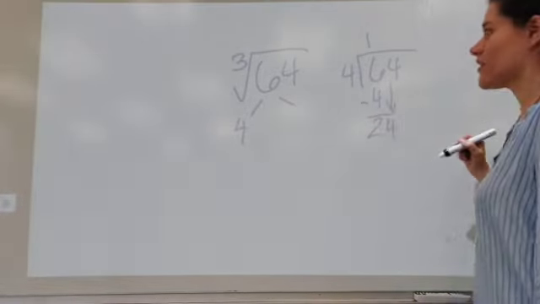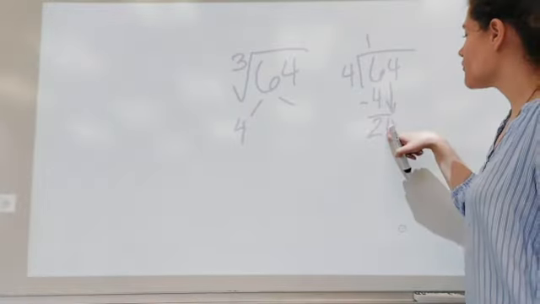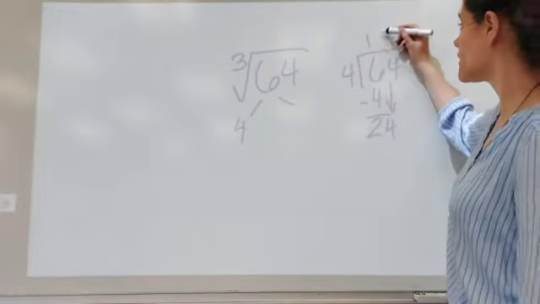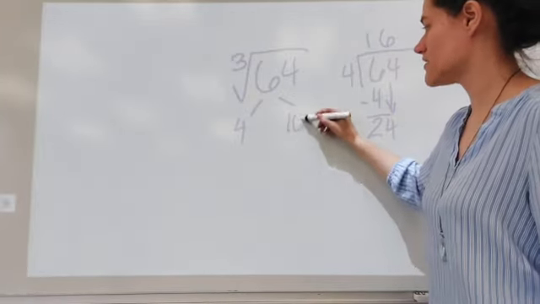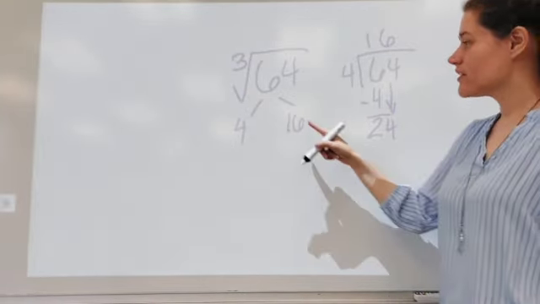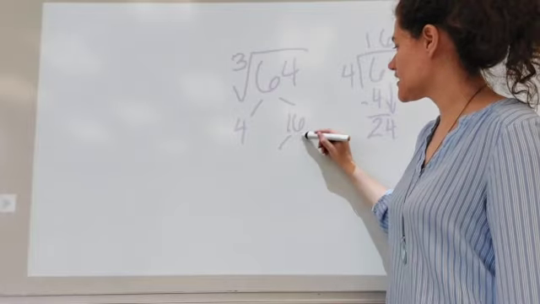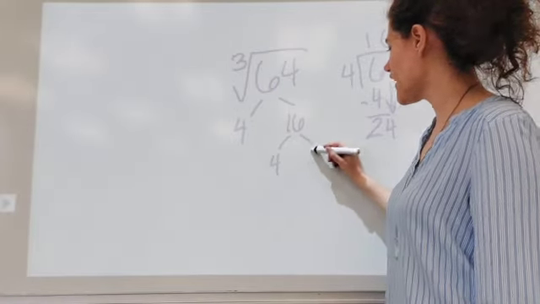This 4 will come down. And then 4 goes into 24 6 times. So this is 16. 16 can split into 4 and 4.